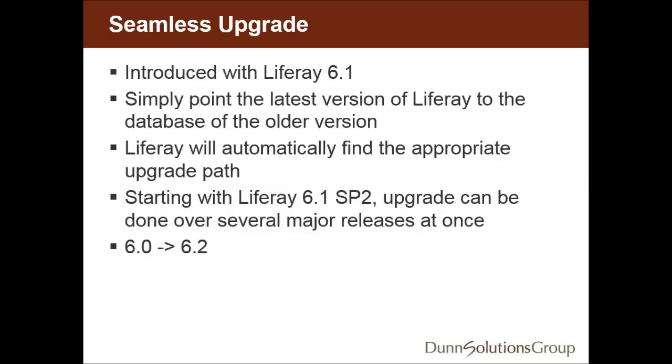But starting with Liferay 6.1, Liferay introduced the seamless upgrade feature, which means you simply point your latest version of Liferay to the database of the older version, and Liferay will automatically detect the appropriate upgrade path. So you no longer need to figure out the upgrade process that you have to execute, because that is automatically figured out for you.